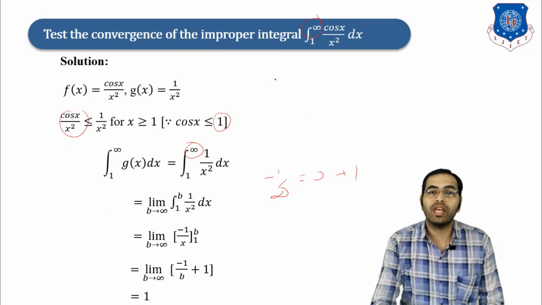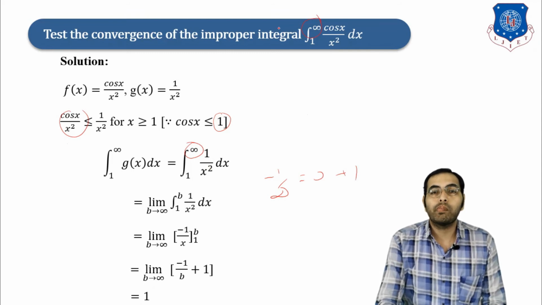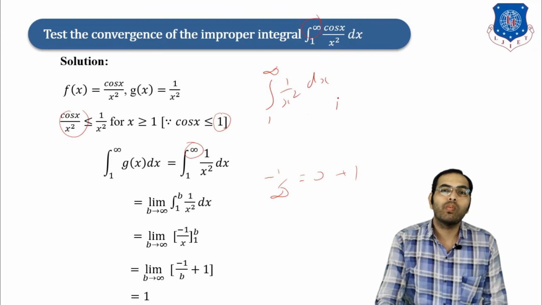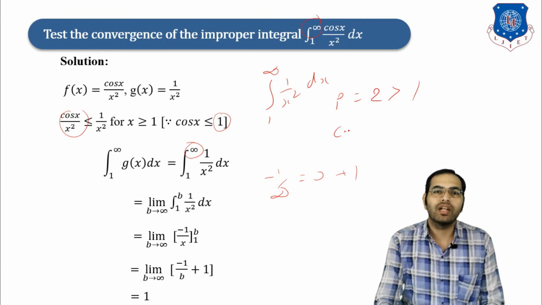Here we solved it with the help of the direct integration method, but if we have to use the p integral test, then that is also possible. For the integral from 1 to infinity of 1 upon x square dx, the value of p is 2, which is greater than 1. According to the p integral test, when p is greater than 1, it is convergent.